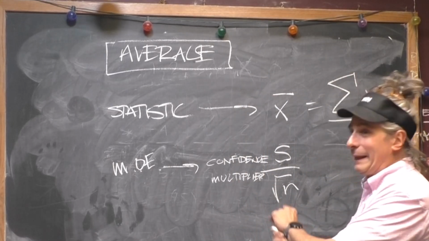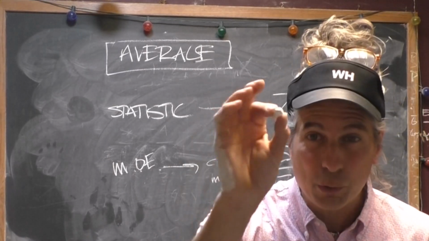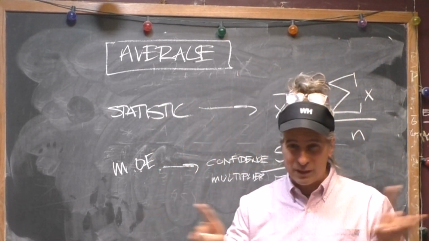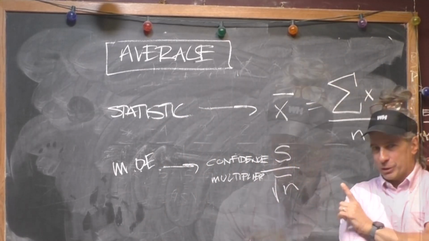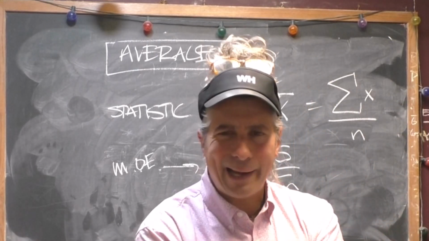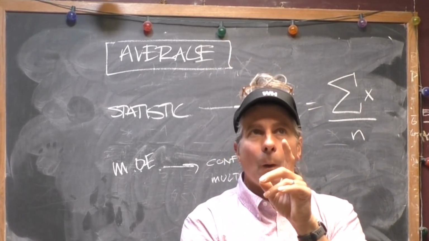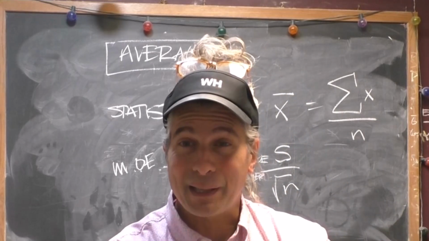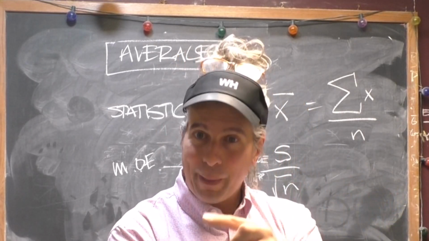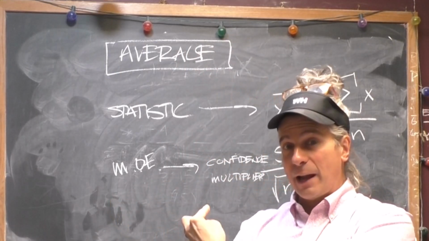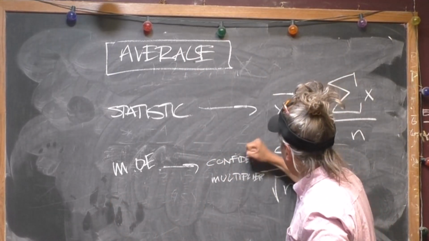Now, in proportions, we used Z, the bell curve standard deviations. But with the average, there's some history we're going to look at here in this next video. You don't have to memorize the history. It's not a history class. But I find the history interesting because of what you're about to see in the margin of error calculation for that confidence multiplier.